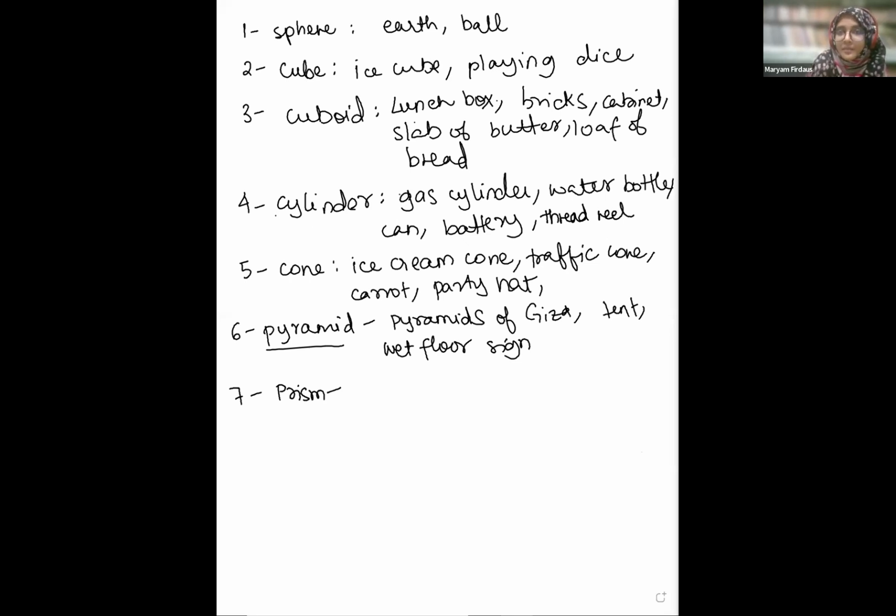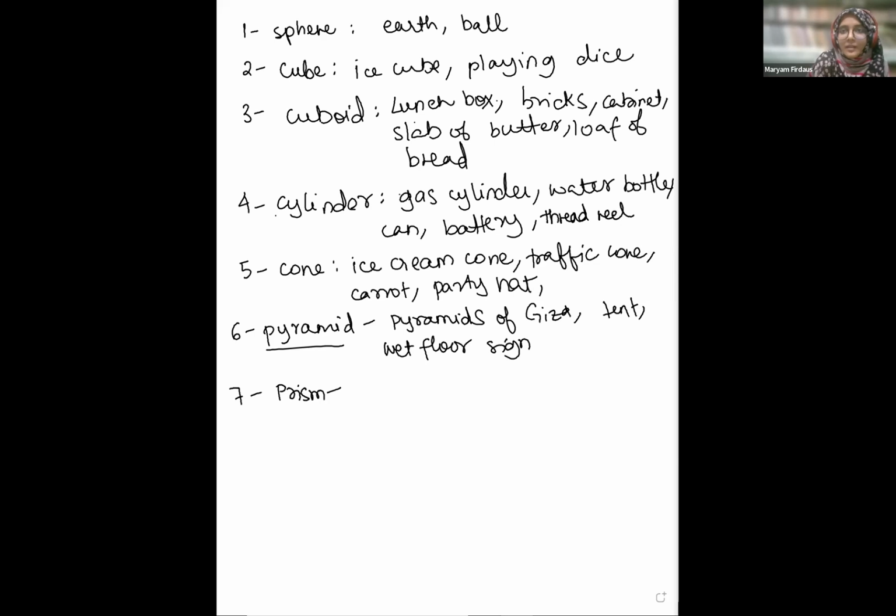A triangular prism. A tent. Okay, a tent. Very good. And ice cubes, the square one. Okay.